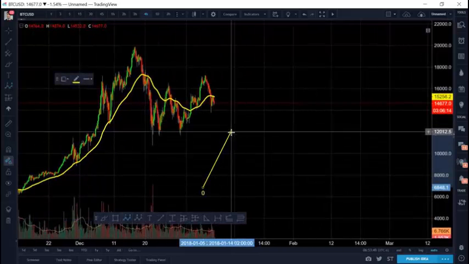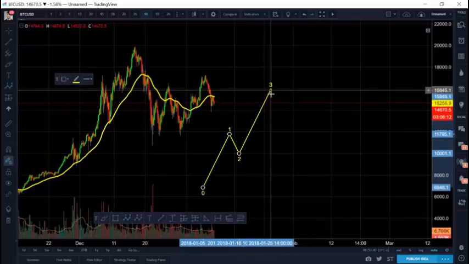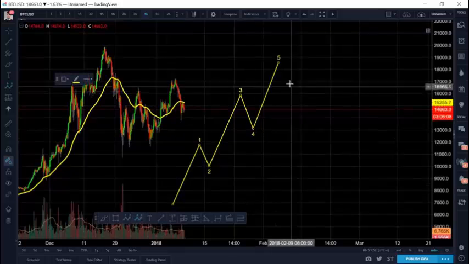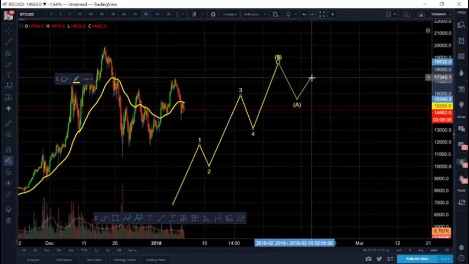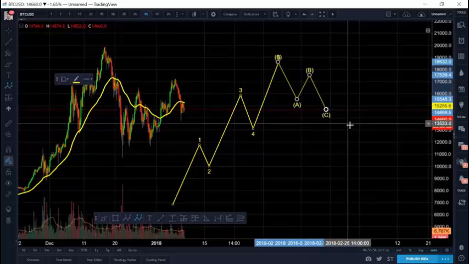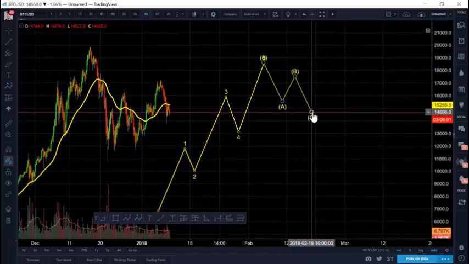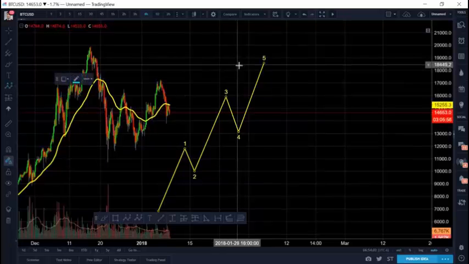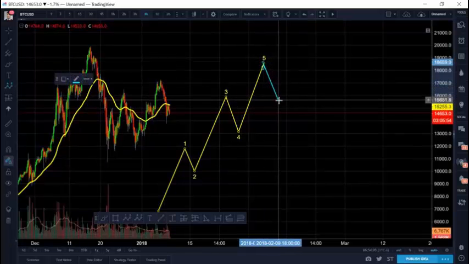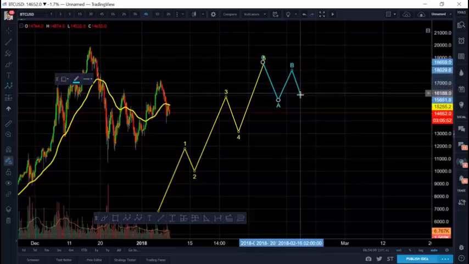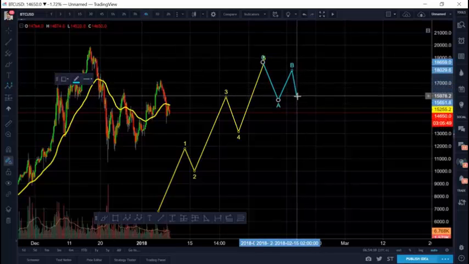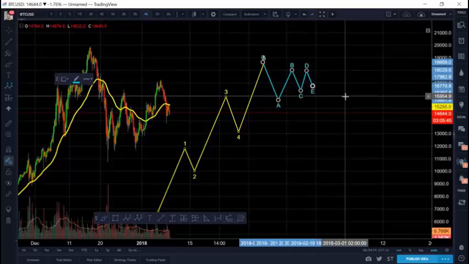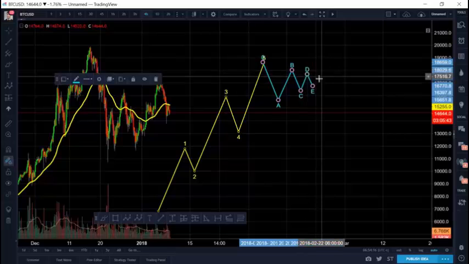So, Elliott Wave says there's 5 motive waves up, followed by some sort of correction. ABC is very typical, but what we'll see on a primary trend is more like something like this usually. Maybe something like that.